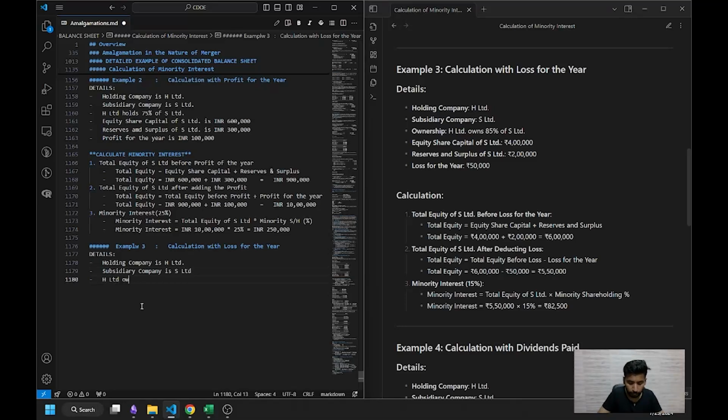H Limited owns 85% of S Limited. And the equity share capital of S Limited is rupees 4 lakhs and the reserves and surplus of S Limited is rupees 2 lakhs.